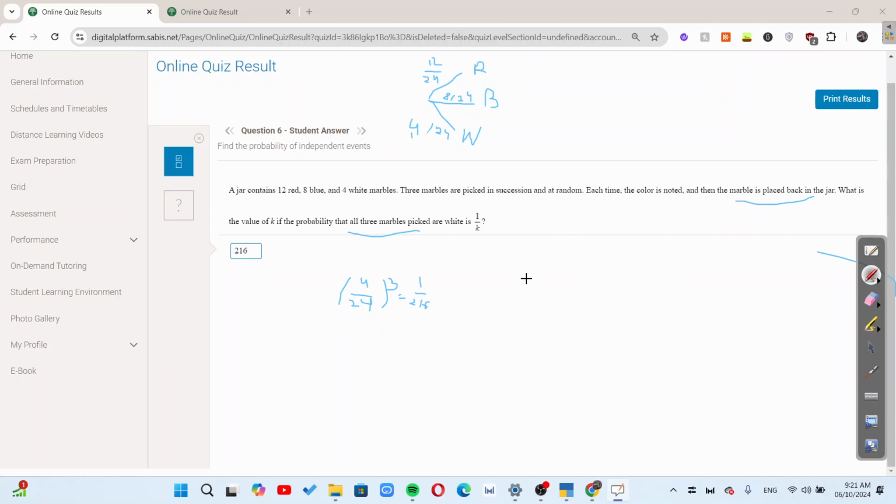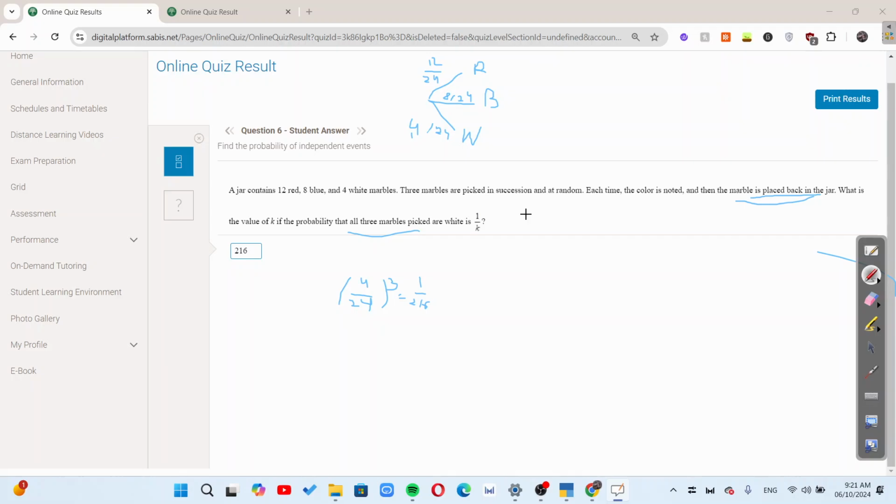This is only possible because the marbles are placed back in the jar. If the marbles aren't placed back in the jar, you need to do 4 over 24 times 3 over 23 times 2 over 22. Then it's different.